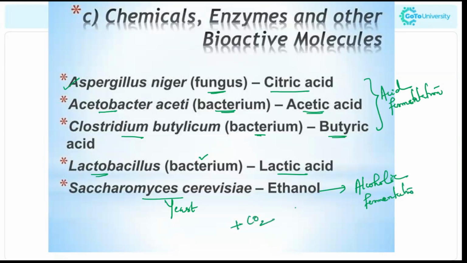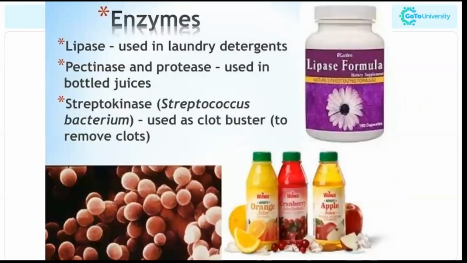As we discussed, yeast is a very important microorganism in different industries because it is used for the commercial production of ethanol, and many microbes are used for the production of enzymes as well. For example, lipase is the enzyme which cleaves lipid biomolecules. Lipids can be cleaved into glycerol and fatty acids by the lipase enzyme.